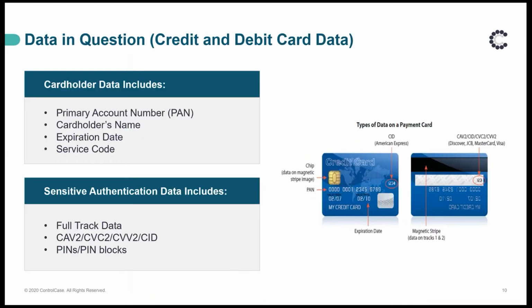When we talk about protection of cardholder data, what are we really talking about here? We are really focused on credit card and debit card data. It includes things like primary account number, cardholder name, track data, the CVV numbers, PIN blocks, and so forth, that you all are very familiar with when it comes to sensitive data.